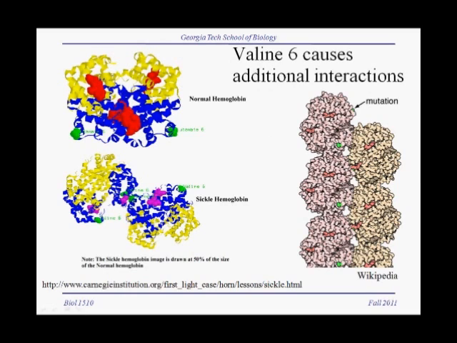The presence of valine on the surface then causes an additional interaction between sickle cell tetramers. So the valines interact with each other because we have exposed hydrophobic surfaces, that we have an additional hydrophobic interaction that causes dimerization of 2 different tetramers getting together, and when they get together they can form these stacks, and eventually you get fiber formation.